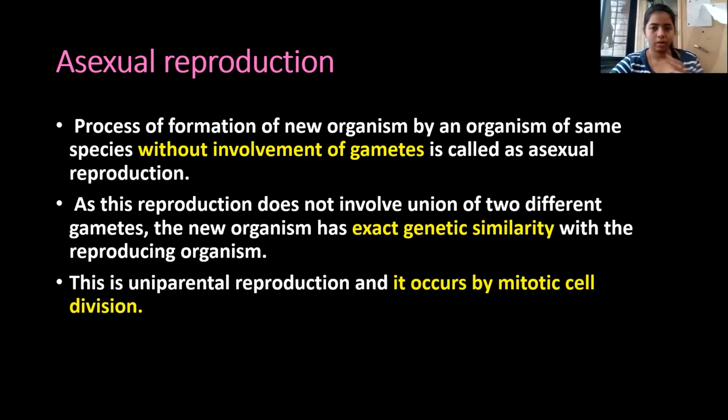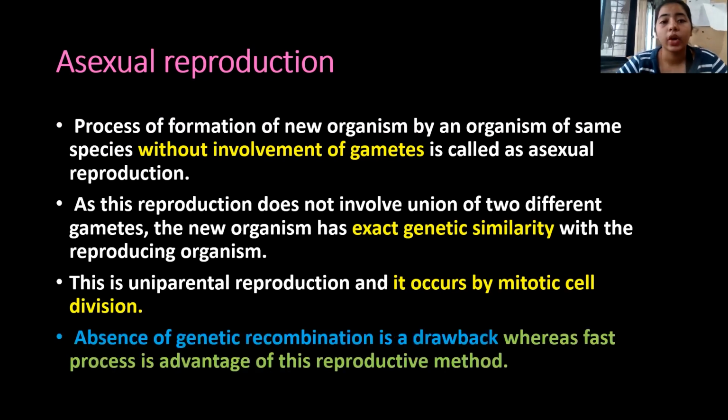Now, this new organism that is formed has only one parent. So, this is a uniparental reproduction. This process occurs by mitotic cell division. Remember the points, okay?